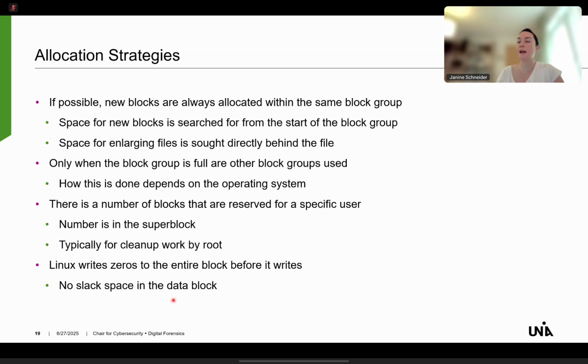We cannot find residual data from a usage before, or from files that have been allocated to that block before. So the combination of Linux and ext is one of these combinations where you cannot find any slack space, which is, for example, not true for NTFS and FAT.